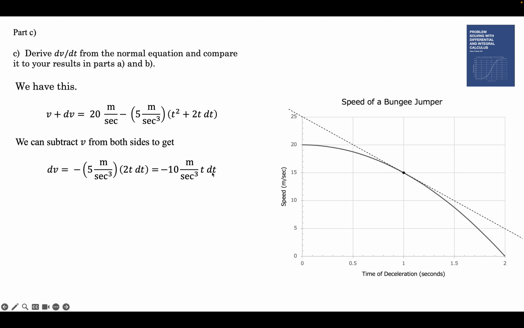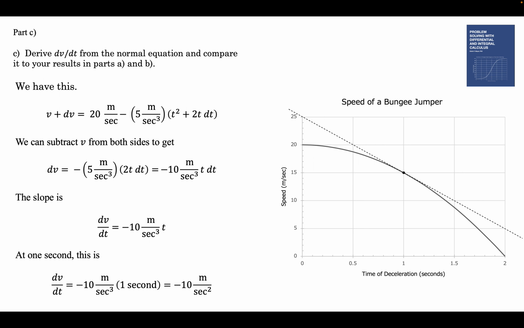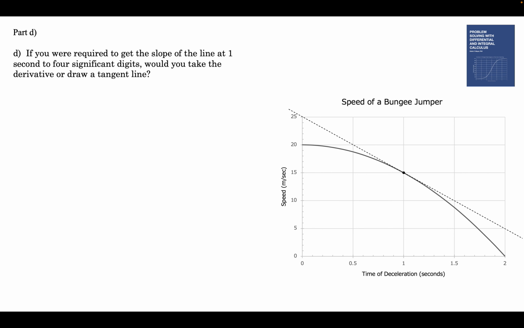For dv, we want to get the slope, so we divide both sides by dt. Now we want to get the slope at 1 second, so we plug in 1 second to our slope equation. And we get minus 10 meters per second squared, which is what we got by taking 2 points close to 1 and getting the slope between them. And we got that same thing, minus 10 meters per second squared, with the slope of the tangent line.